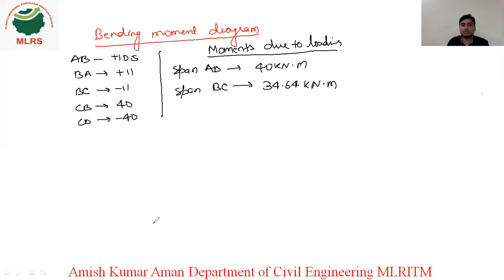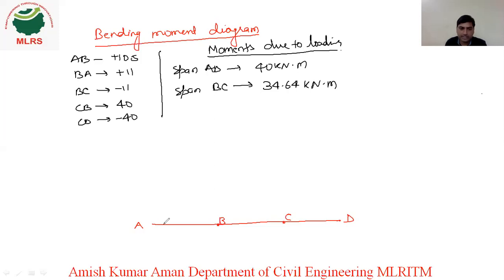Let's take a beam A, let's call it B, C, and D. At A we have plus 10.5. If it were minus 10.5, we would take it upward, but now it is plus 10.5, so we will take it in the downward direction.